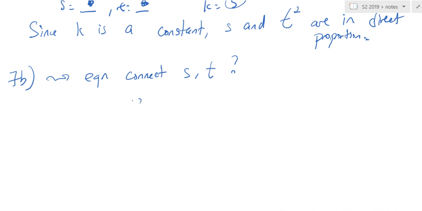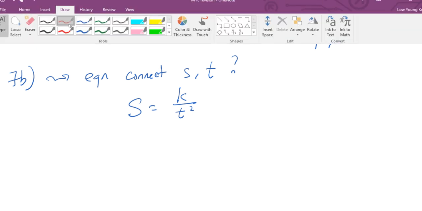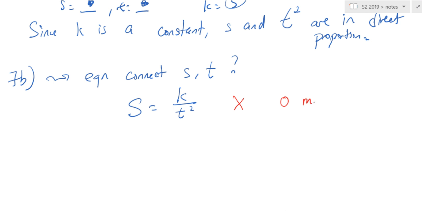Now, if you write this in exam, you will get 0 mark. Then my question is, how then can you achieve the 1 mark? You have to replace the K with a number. And what is the number that you have found earlier? 5. So therefore, in your green pen, you can write S equals 5 over T squared. This is 1 mark.